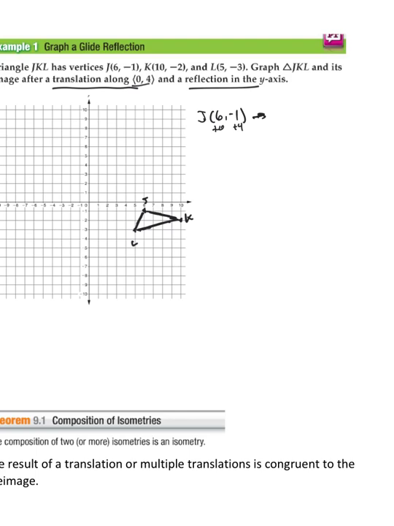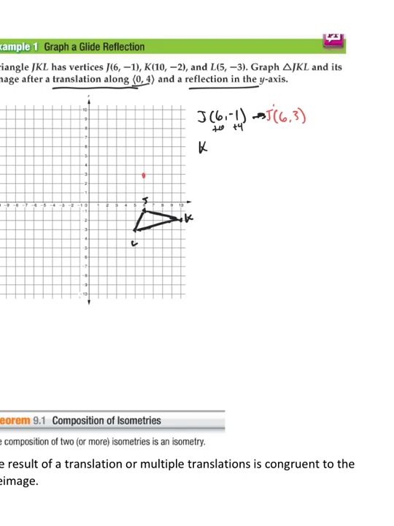So J prime will be what? 6 + 0 is 6. -1 + 4 is 3. So that's where our point, after the translation, should be at 6, 3. Just moved up 4 units. Okay.